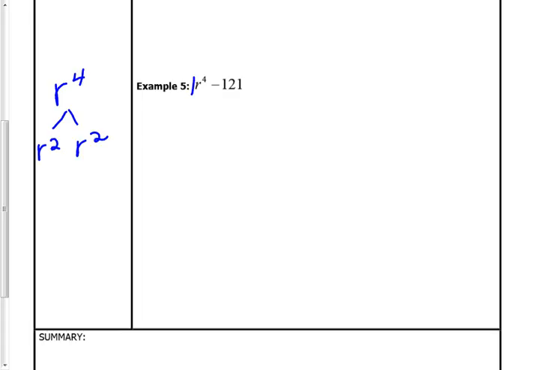And I do have that minus sign. So because I have the minus sign and I have 2 terms, both terms are perfect squares, that checks off all my boxes. So I can split this up into 2 sets of parentheses. The 1r to the fourth gets split into 1r squared and 1r squared, or just r squared and r squared. The 121 is actually 11 times 11.